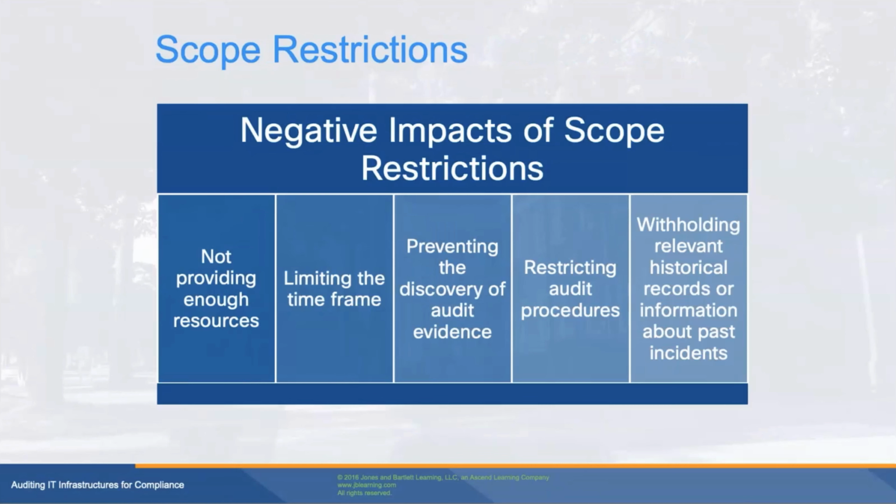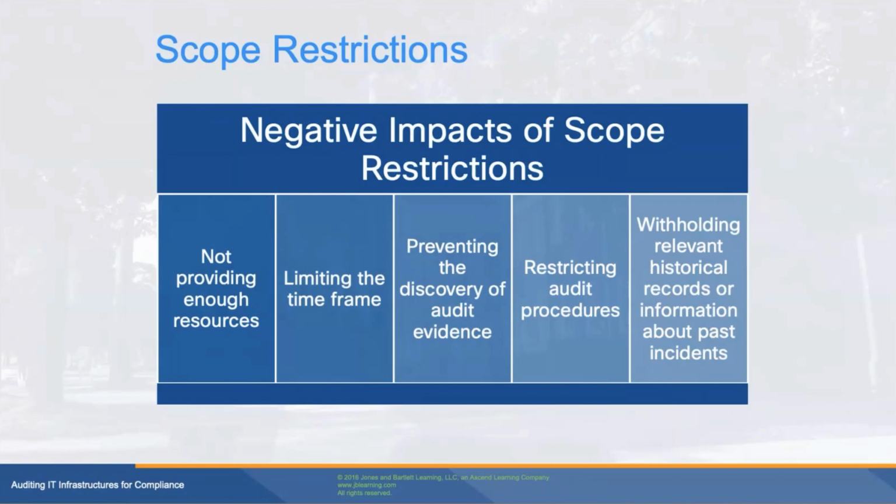So this is what I talked about on the previous slide. Here are some things that can have negative impacts on your audit if you restrict the scope too much. I said not providing enough resources, and preventing the discovery of evidence. Are you going to put a leash on your auditor, or are you going to let them, if they find something, go get and collect evidence? So you're going to tell the auditor that. Maybe the auditor finds something that might be kind of shady or maybe something illegal.